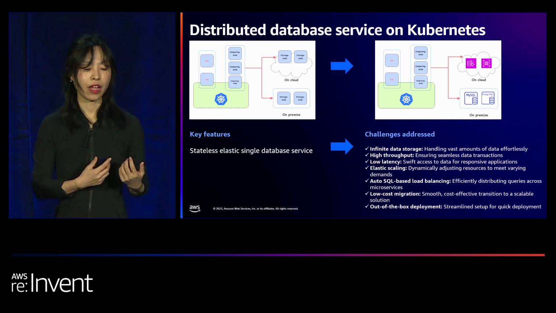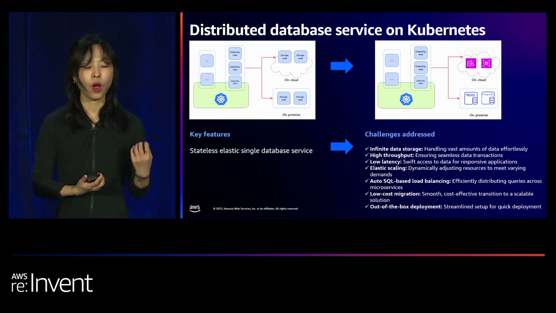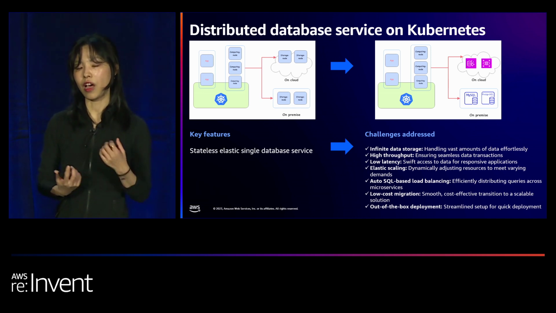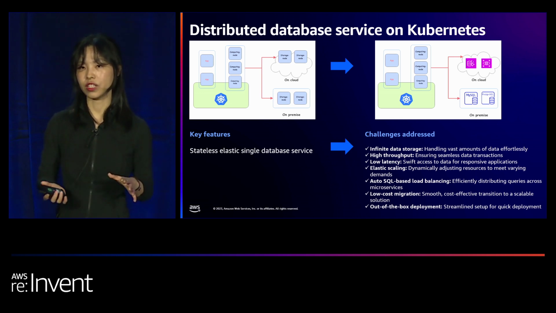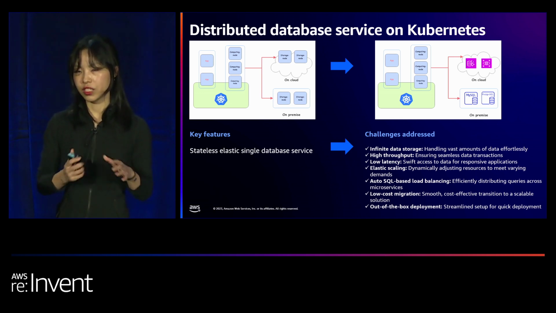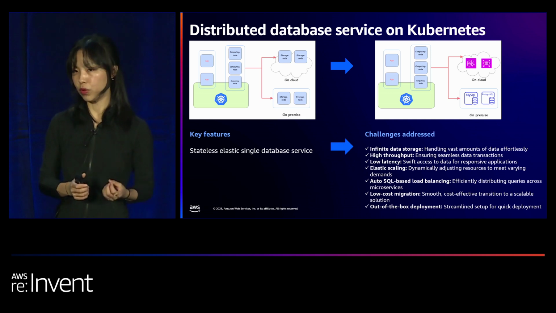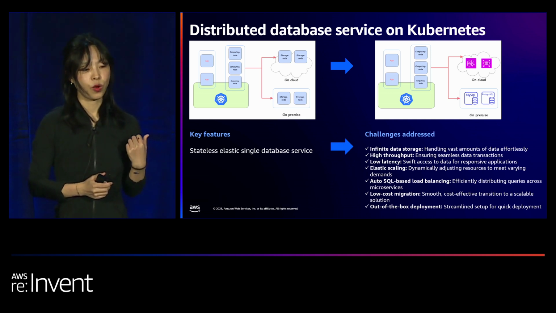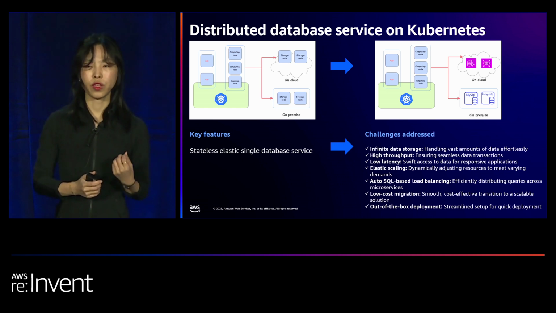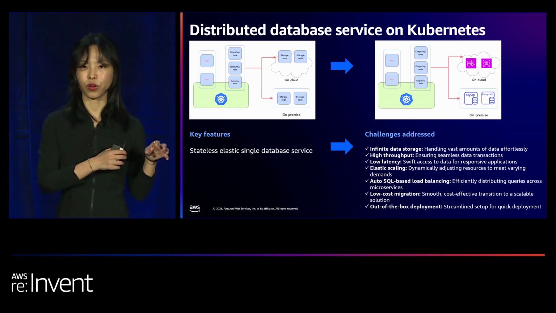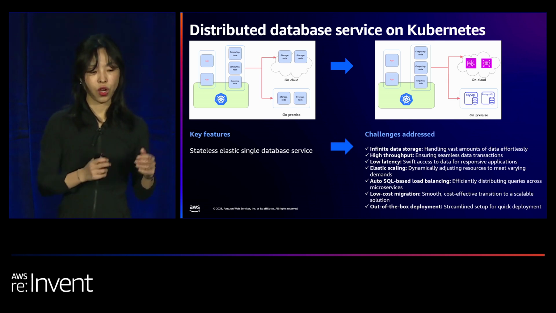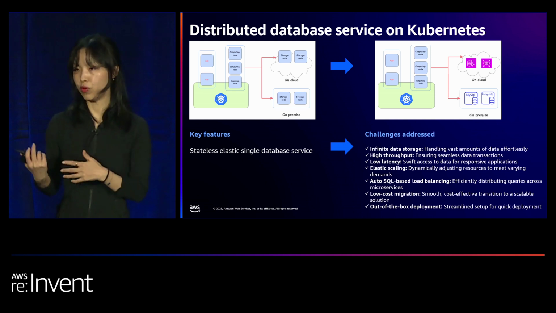After our analysis, we found that all of the computing nodes in the shared nothing architecture are equivalent and stateless. They just take care of the computing work, right? So, like this picture shows, we can just deploy the computing nodes into our Kubernetes cluster and let our application talk with our computing nodes.